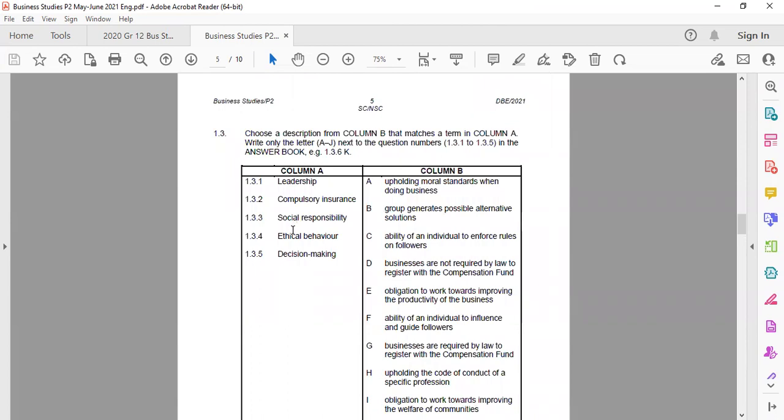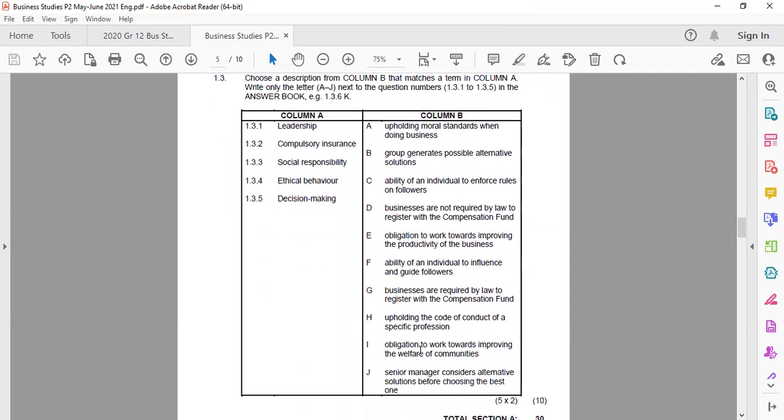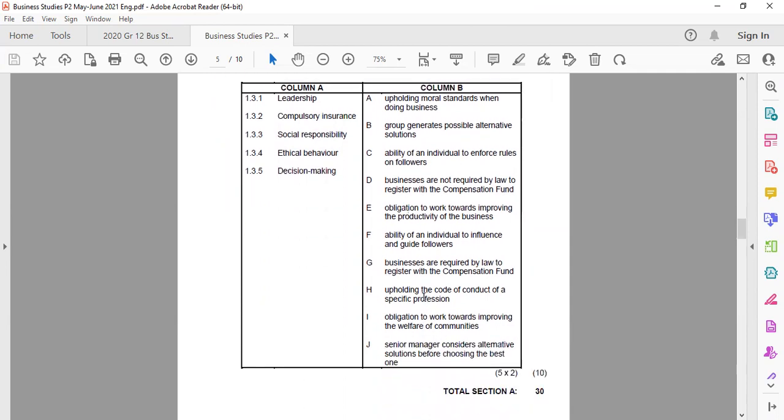But then in the third section, there's a compulsory insurance there. What is a compulsory insurance? It is basically insurance that is required by law. So let's check here. We say, okay, it's required by law to register with the compensation fund. So that one goes over there. So you must know your work.